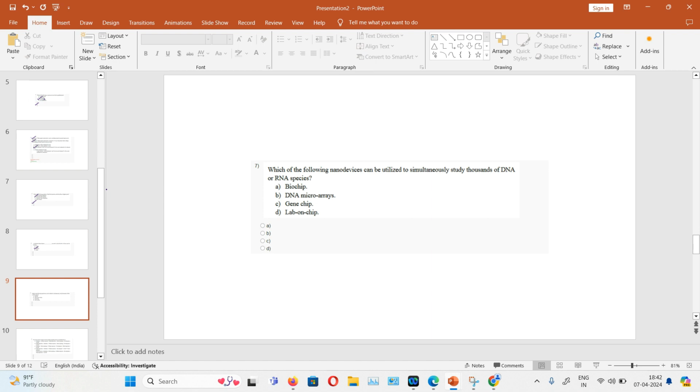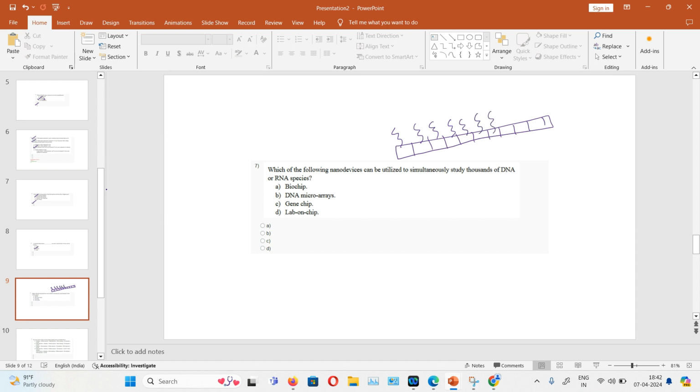Which of the following nano devices can be utilized to simultaneously study thousands of DNA or RNA species? We already saw there are different methods by which we can study different DNA or RNA species together. That will contain some arrays corresponding to different probes.